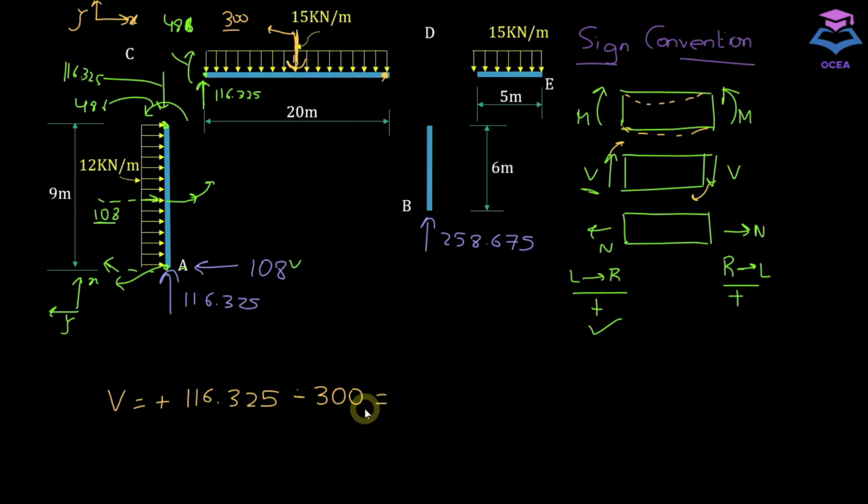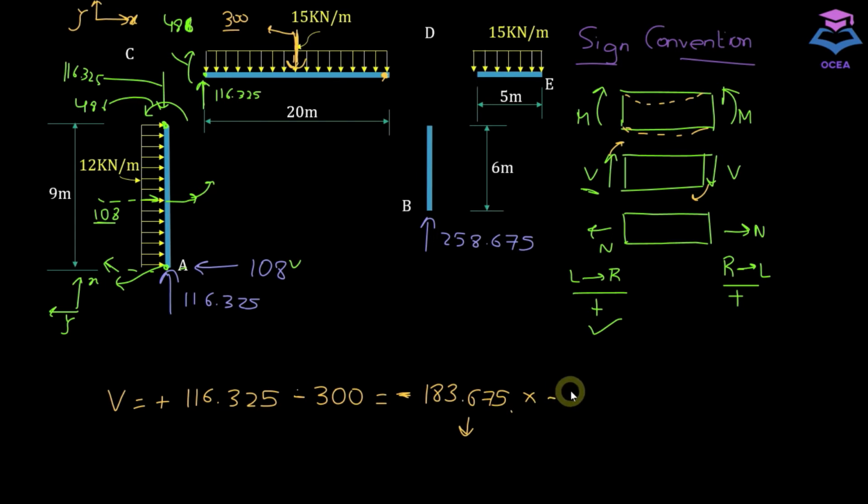If you solve this, it's coming out to be minus 183.675. The minus sign indicates that this shear force is acting in downward direction.